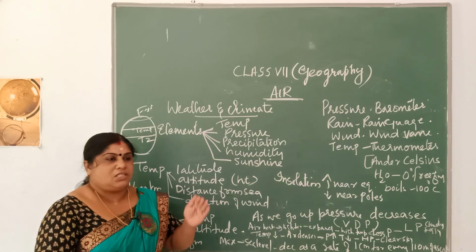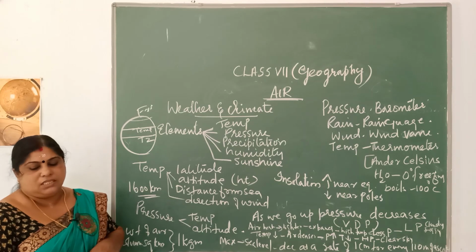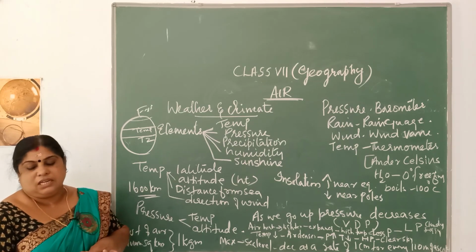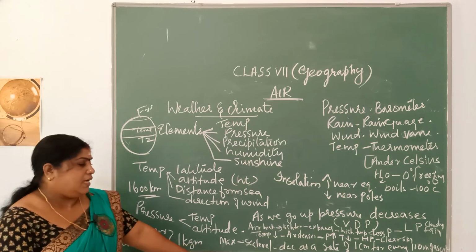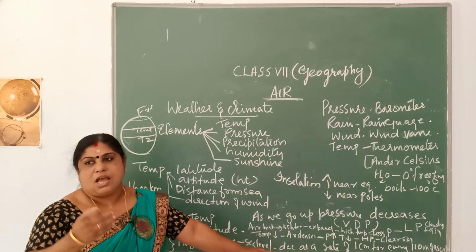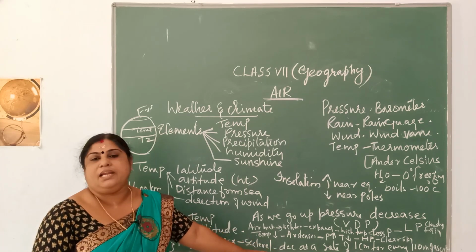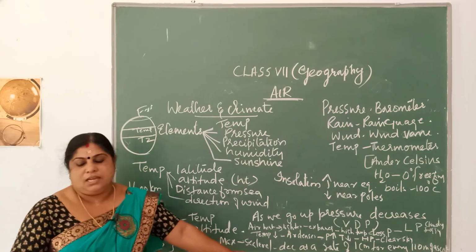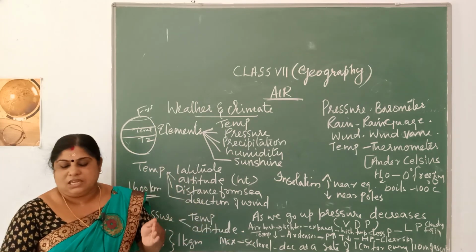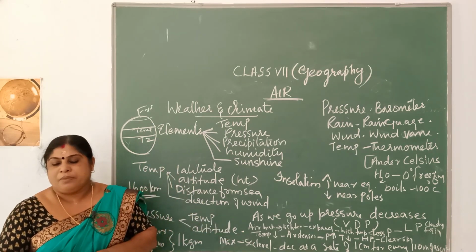And this air pressure goes on decreasing at a rate of 1 centimeter for every 110 degrees of ascent.